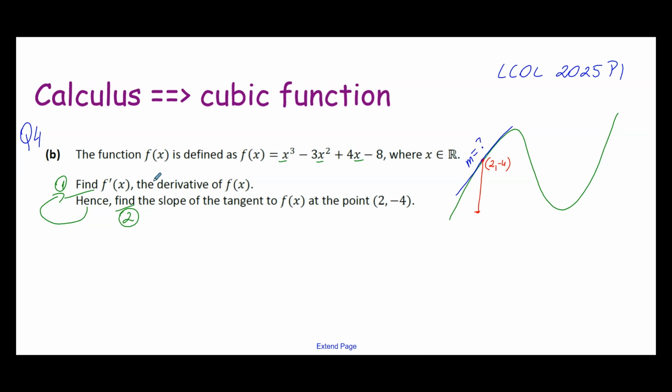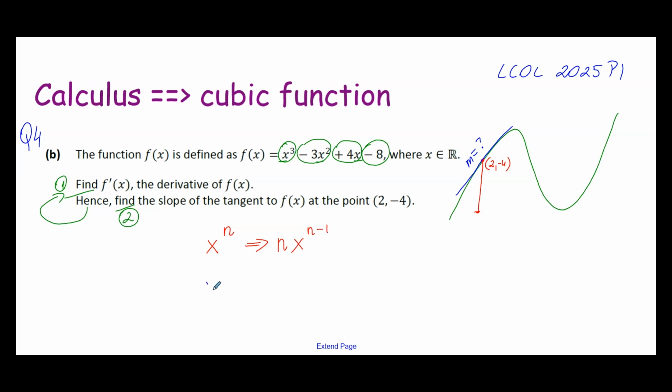Okay, first, let's create the derivative. How do we derive? Each element we derive separately. So those are the elements. When it comes to x to the power of 3 and x to the power of 2, in our table there is a formula saying that to create the derivative, you take that power in front of your x, and then the power minus 1.